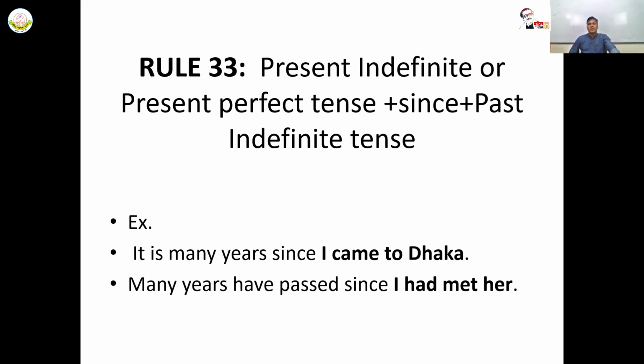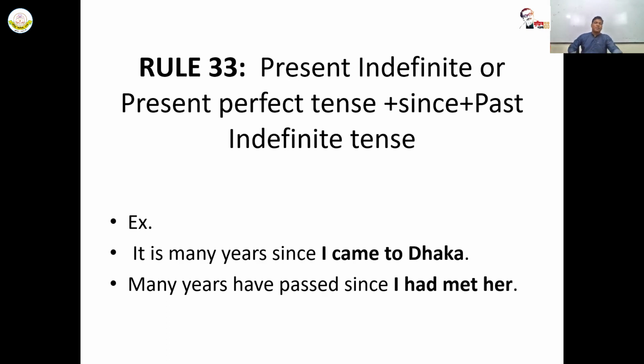If that part is present indefinite or present perfect tense, the other part will be the past indefinite. So past indefinite is common, and present and present perfect go side by side with the past.